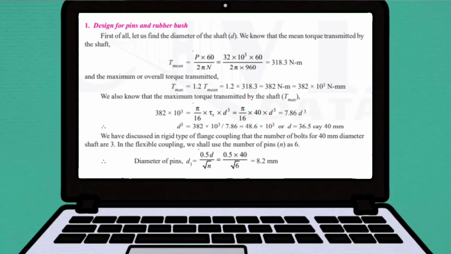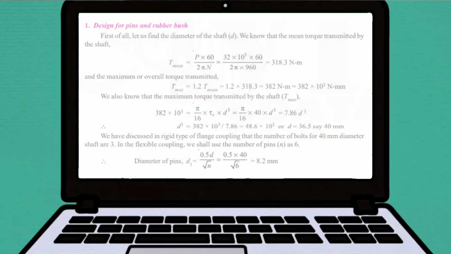We have discussed the rigid type of flange coupling, where the number of bolts for a 40 mm diameter shaft is 3. So, in the flexible coupling, we shall use the number of pins as 6. Diameter of pins D1 is equal to 0.5 D over the square root of N, equivalent to 0.5 times 40 over the square root of 6, coming up to 8.2 mm.